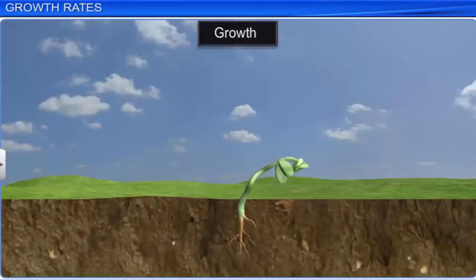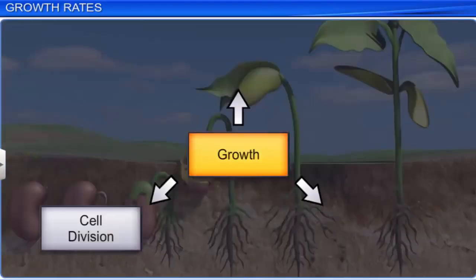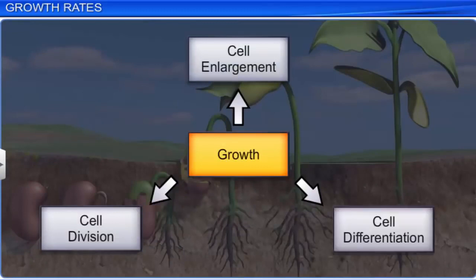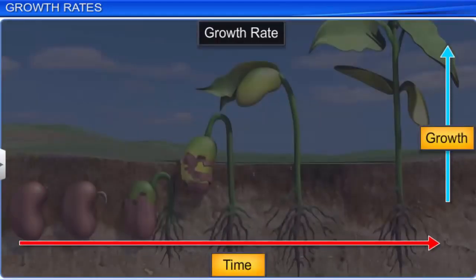We know that a plant's growth comprises cell division, cell enlargement, and cell differentiation. When growth is measured per unit time, it is called growth rate.